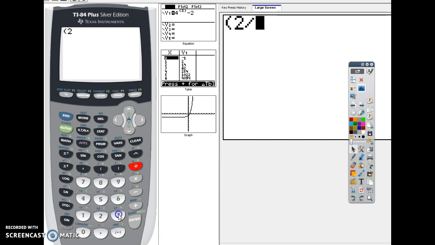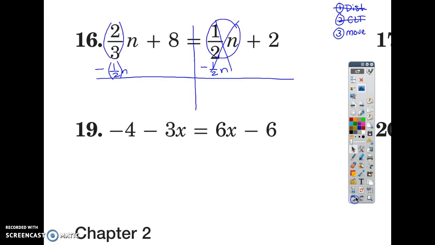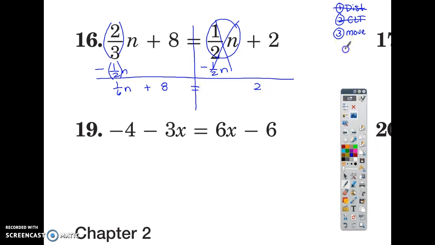Parentheses 2/3 minus parentheses 1/2, enter, and then math enter gives you 1/6. So we're going to put 1/6 n plus 8 equals positive 2.